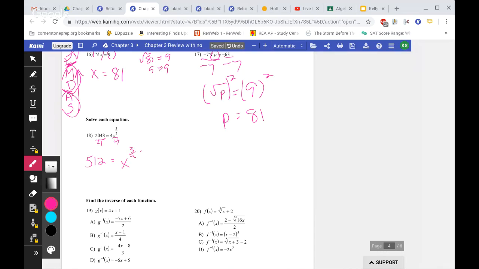And to get rid of the 3/2, I'm going to raise both sides to the 2/3 power. A power raised to a power, you multiply, so this eliminates that. But now I have 512 raised to the 2/3, which is the cube root of 512 raised to the second power, which is 8 raised to the second power, which is 64. So x equals 64.